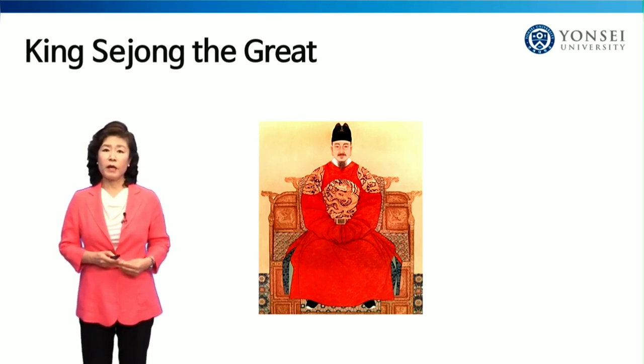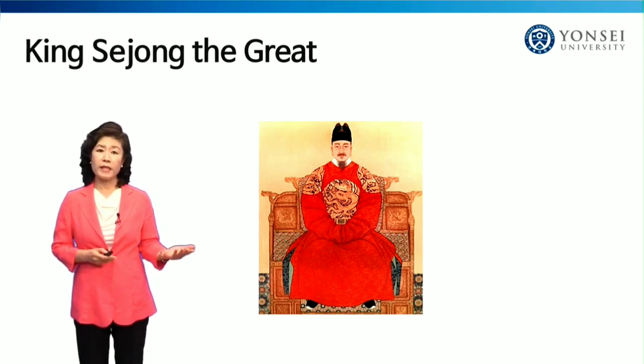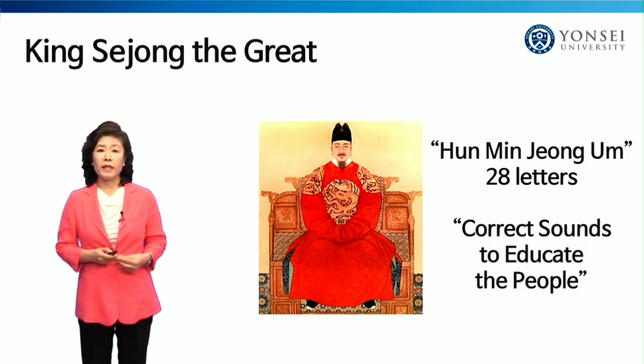Hangeul, the Korean alphabet, was invented by King Sejong the Great in the 15th century. Do you know how many basic letters there are in Hangeul? Well, in King Sejong's time, when Hangeul was created, there were 28.